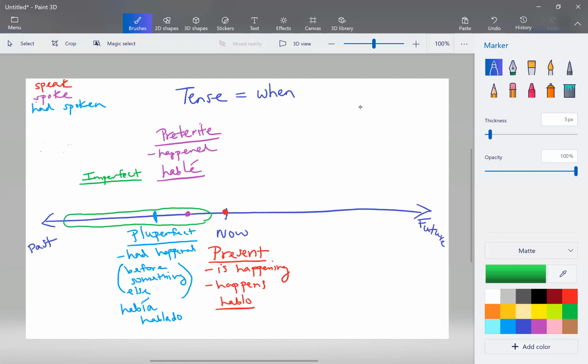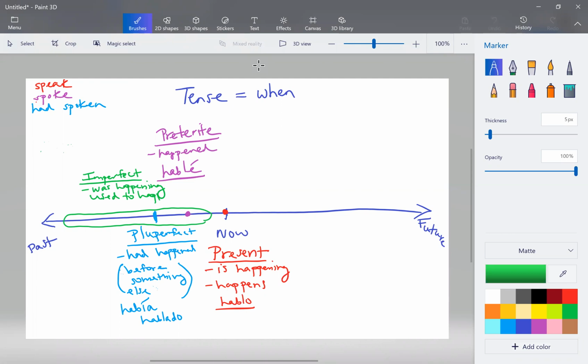Doesn't it mean like it's happening in the future? No, it's definitely in the past, but happening is a good word. So was happening, or used to happen.